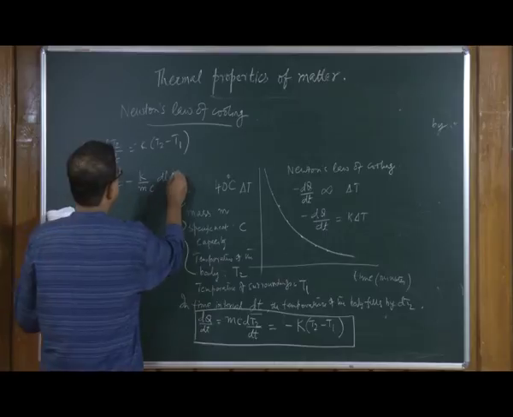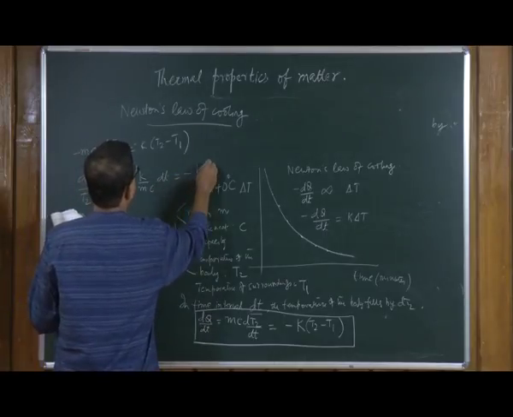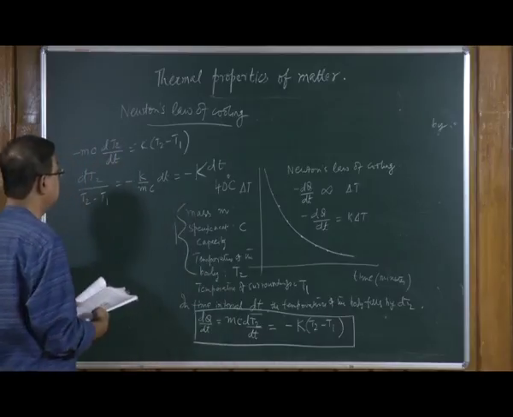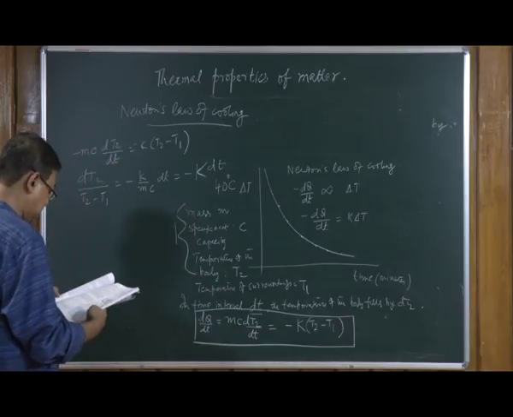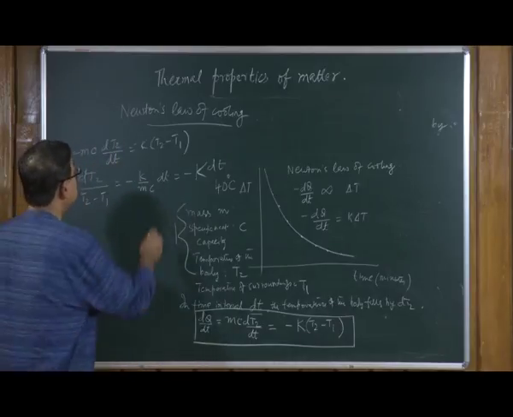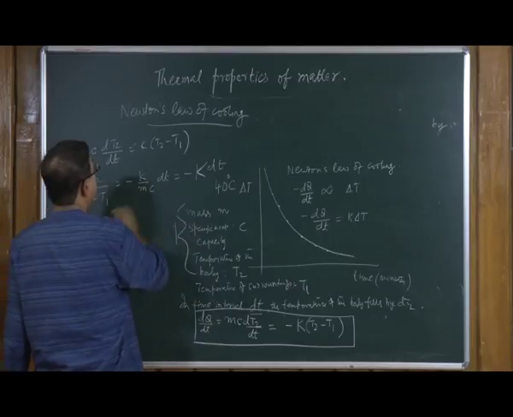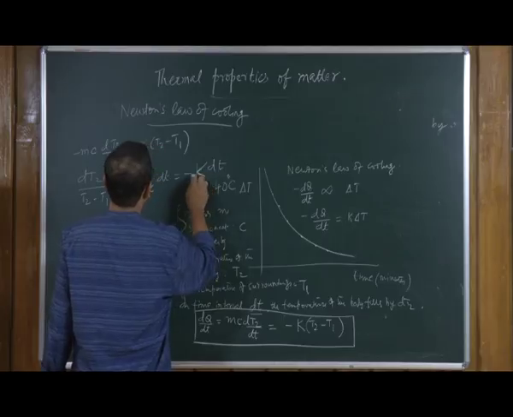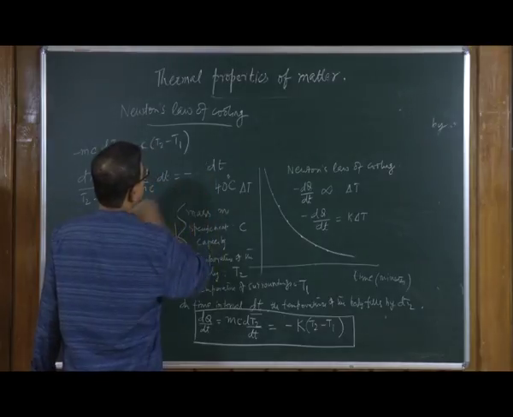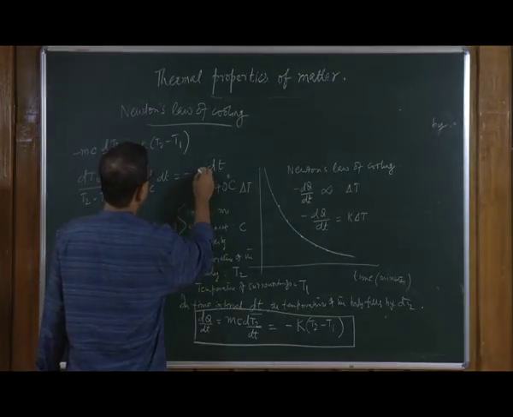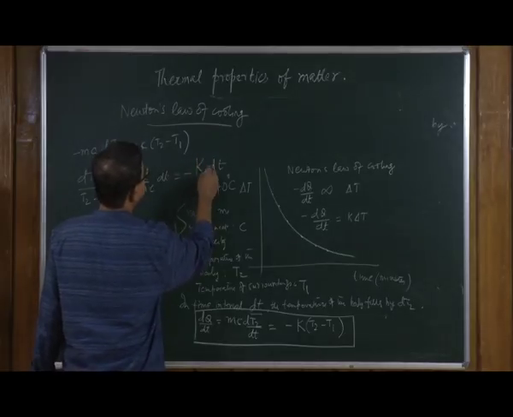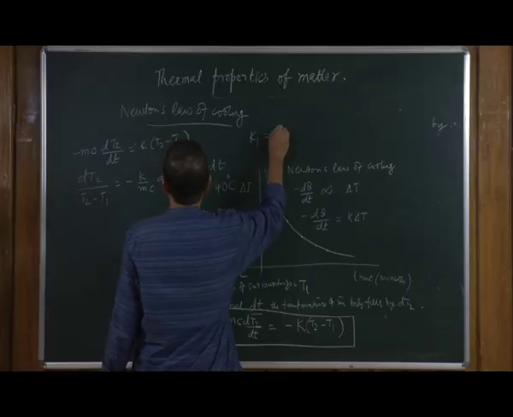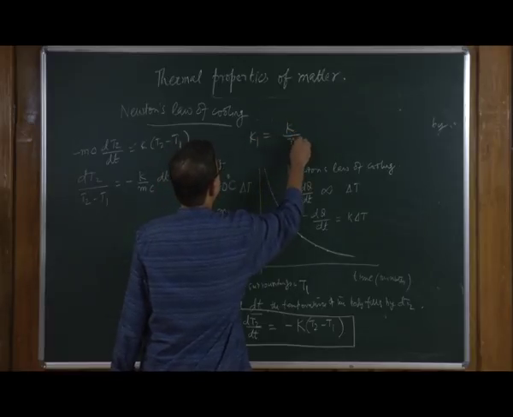Let us call this minus capital K dt, where capital K is another constant. This is small k, so to eliminate any confusion, let us write it as k1 dt, where k1 equals k over mc.